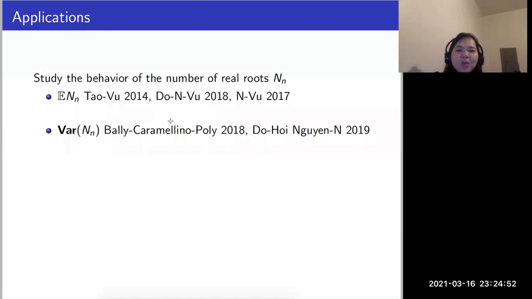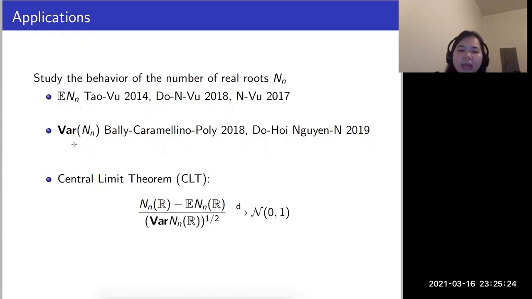In this work, we study a very surprising phenomenon of the variance, in which we show that the variance is not universal. Here it is shown that the expectation is universal for almost all classical models of polynomials, but for the random trigonometric polynomials, the variance is not universal.